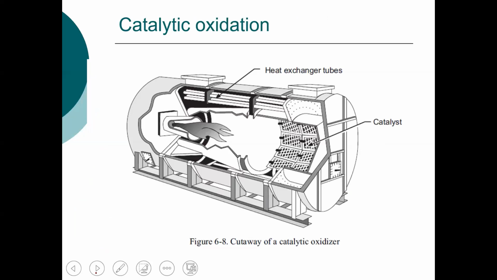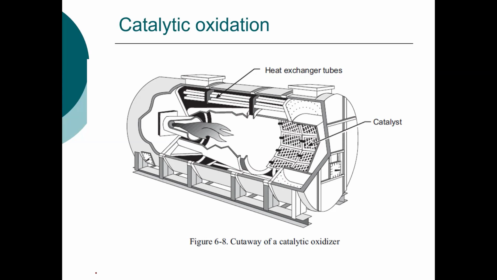And here's an image of a reaction chamber for a catalytic incinerator. We still have the combustion chamber. We have to heat the gas. It then flows past the catalyst.